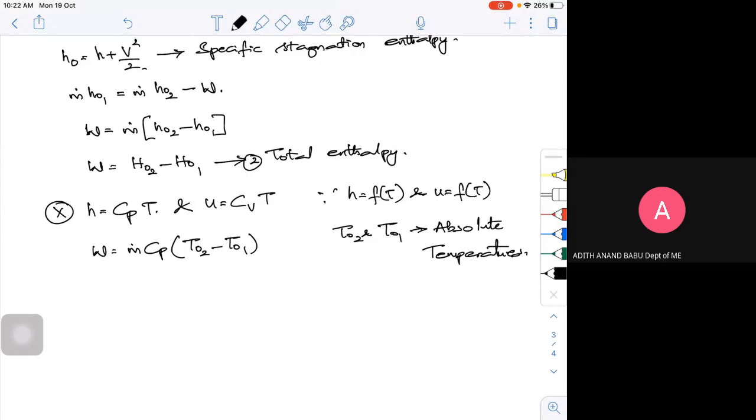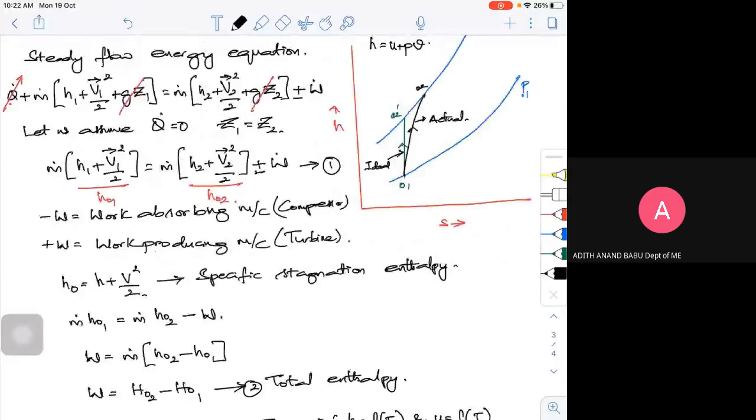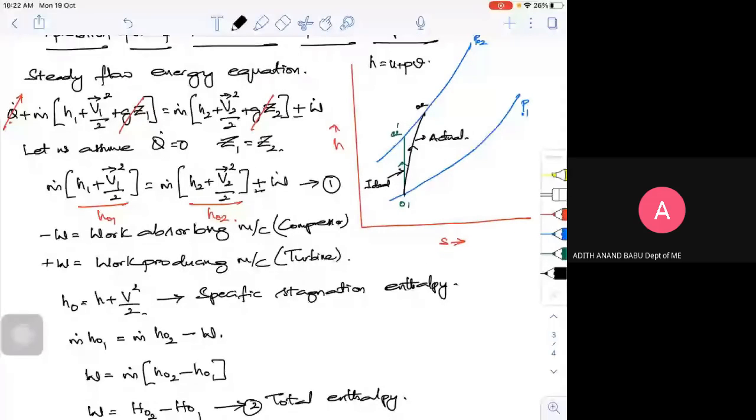Okay, so now if I go back and look at the HS diagram, I can write some kind of an efficiency. What is the efficiency here? If I write in terms of enthalpy, for a turbine it is the actual enthalpy drop to the ideal enthalpy drop.